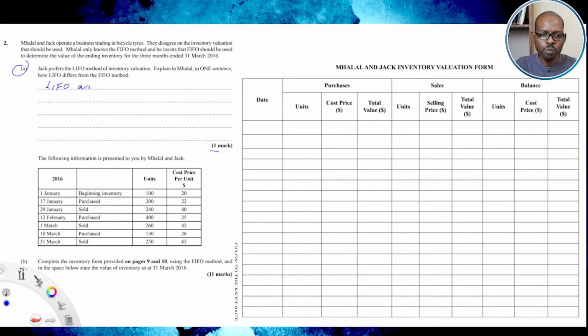So this assumes that stock received last is the stock sold first.